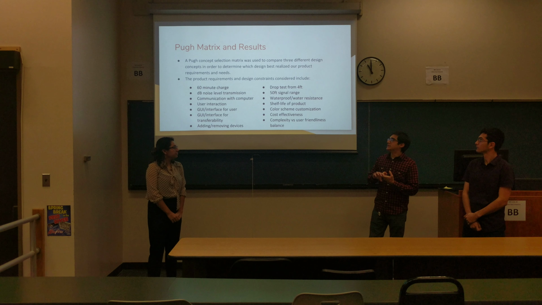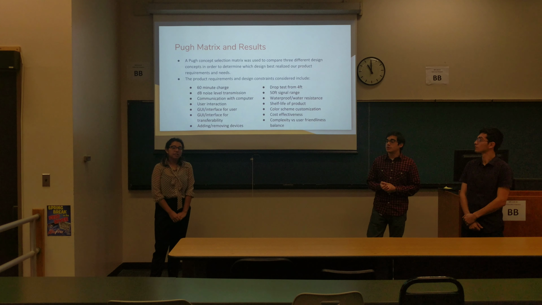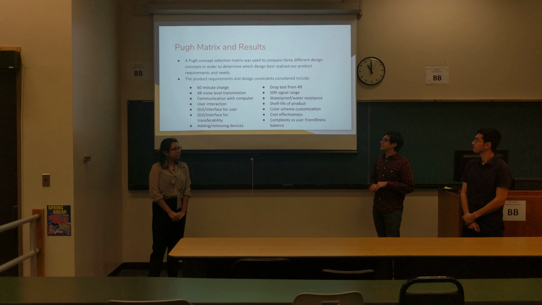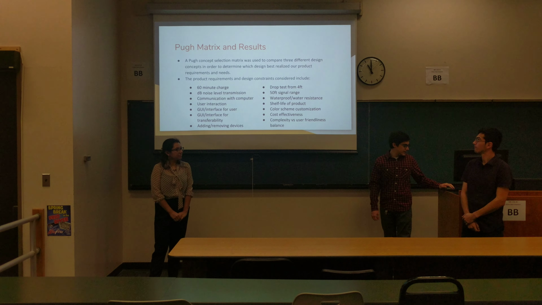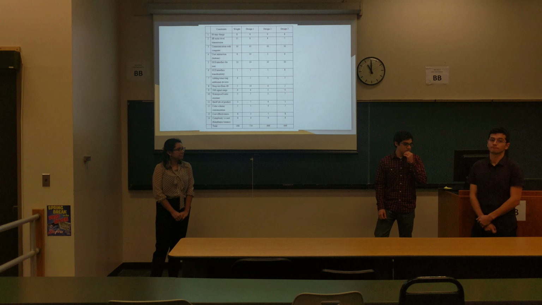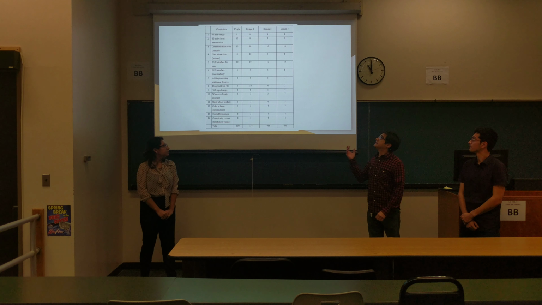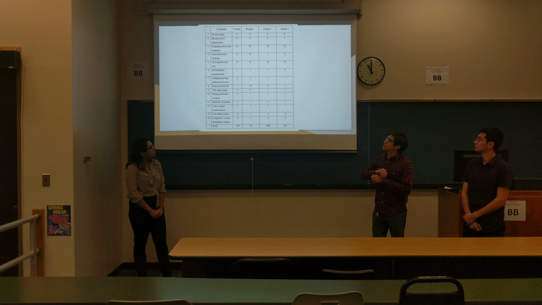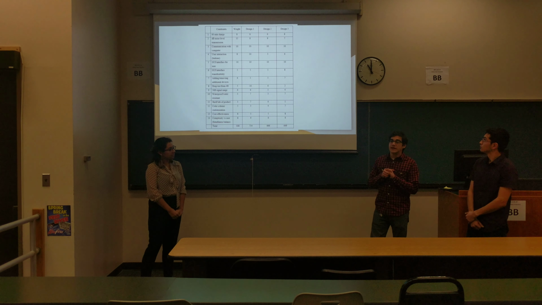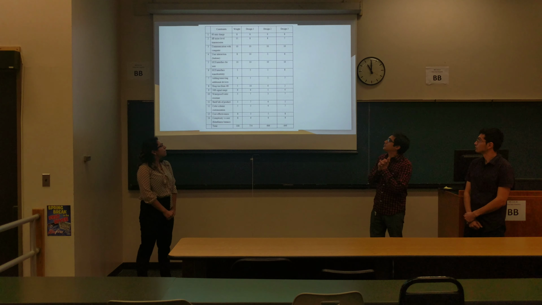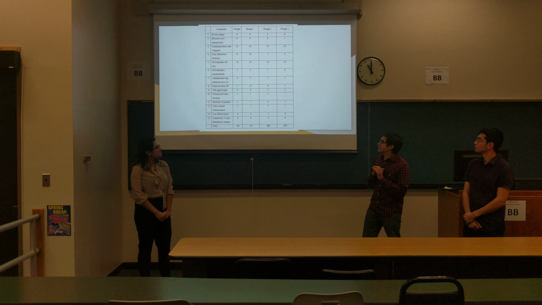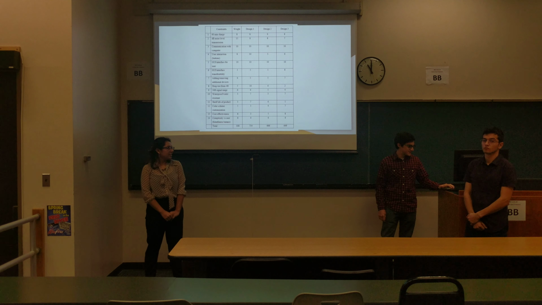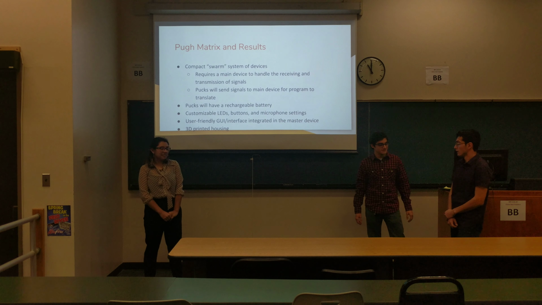They include dB noise level, transmission to monitor sound levels, the GUI, cost effectiveness, user friendliness, and like I said, we compared different design concepts. We gave each constraint weight, and we came up with these numbers, and ultimately we found a design that best fitted, that Chris will talk about now.